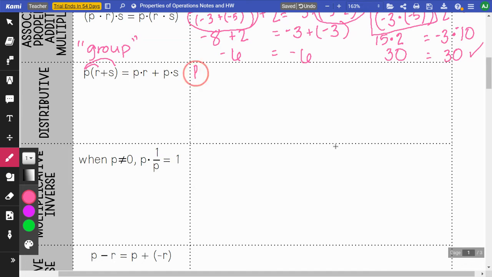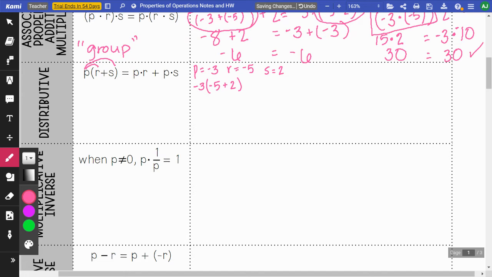We will still be using the same negative 3, negative 5, positive 2. All right, then I'm going to line it up. Negative 3 on the outside. I have negative 5 plus positive 2.